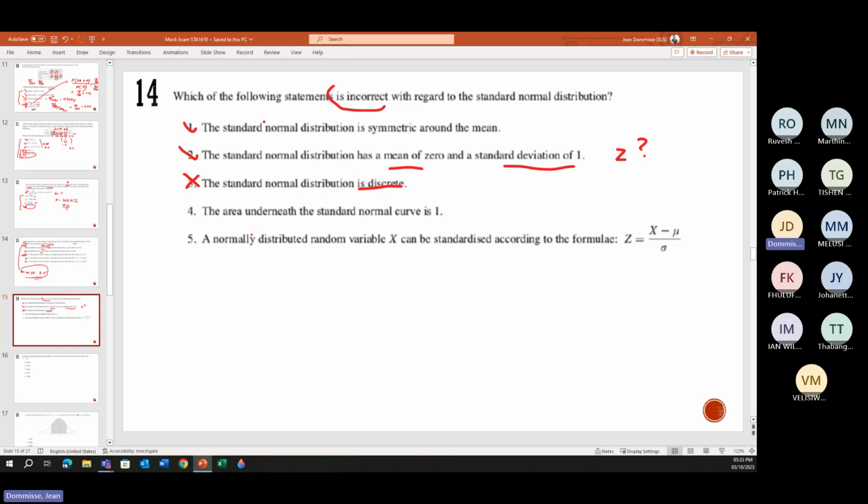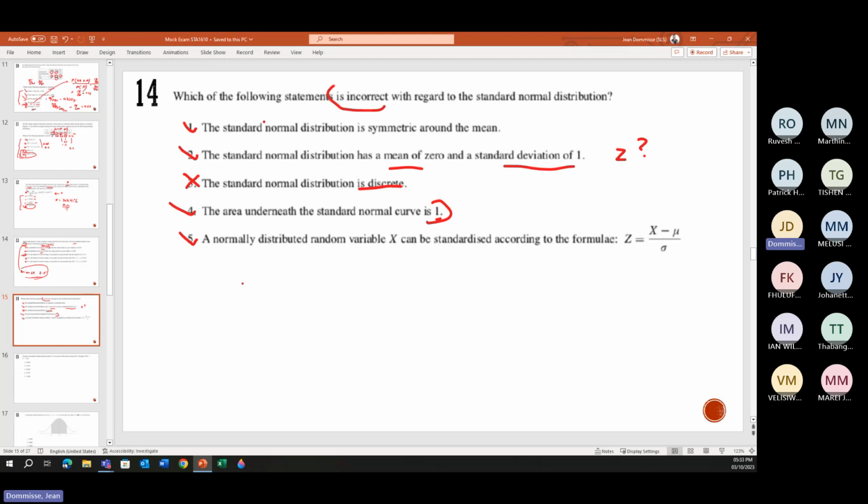But let's just check the other ones. The area underneath the standard normal curve is 1, which is correct. Remember, probability underneath the curve is equal to 1. And then the other one, the normal distributed random variable x, can be standardized according to the formula z is equal to x minus mean over standard deviation, which is also correct.